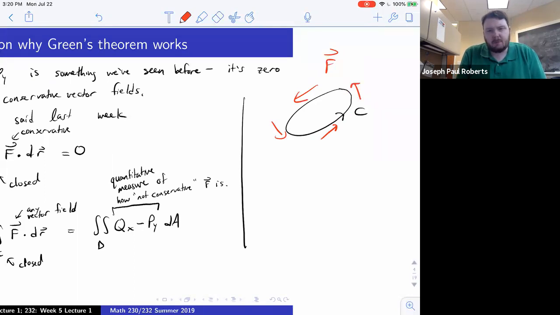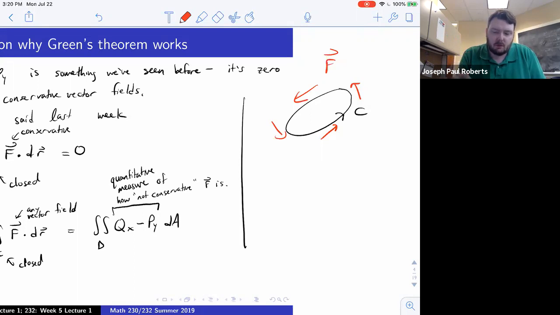Okay, and so if you remember last week, you can eyeball the sign of F dot dr by asking yourself, how well do the vectors F and r prime line up?